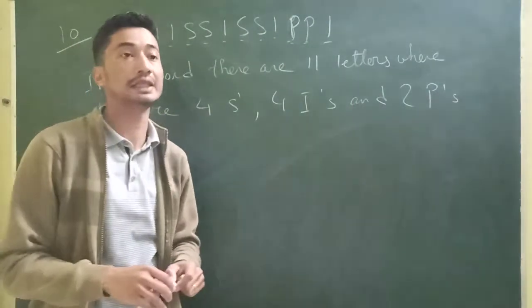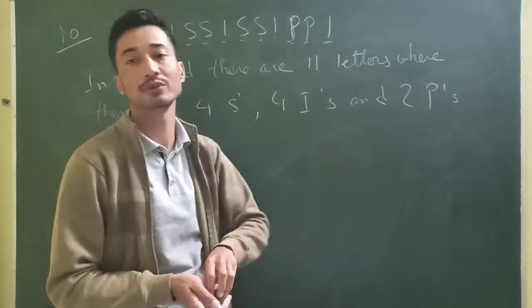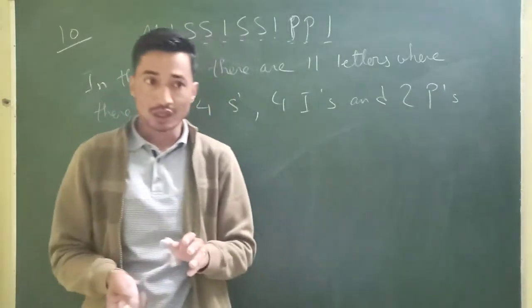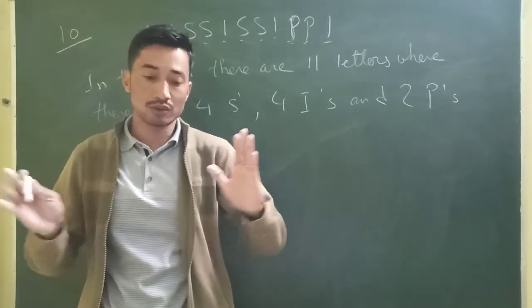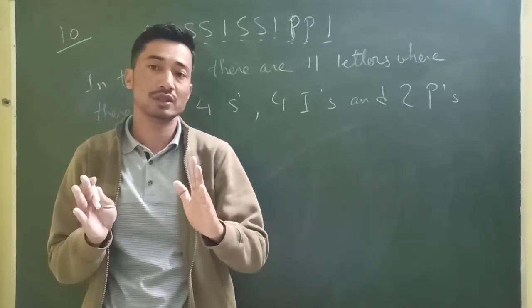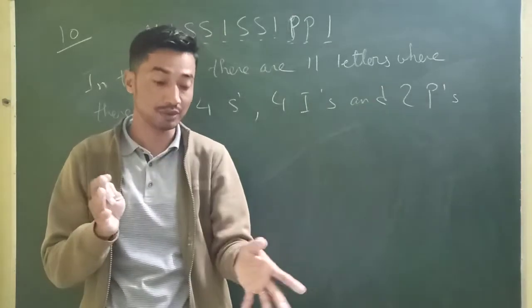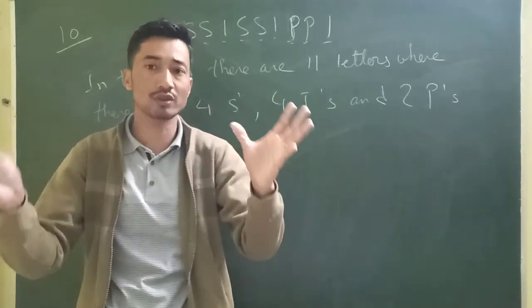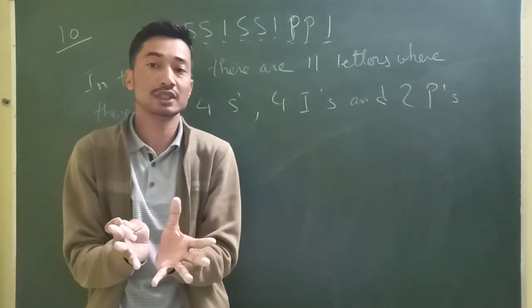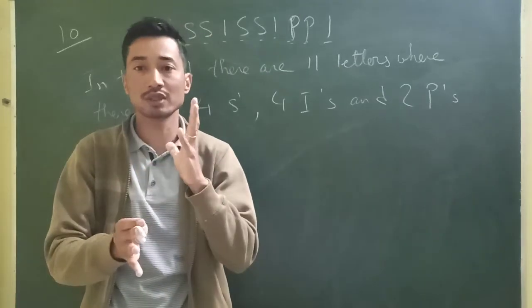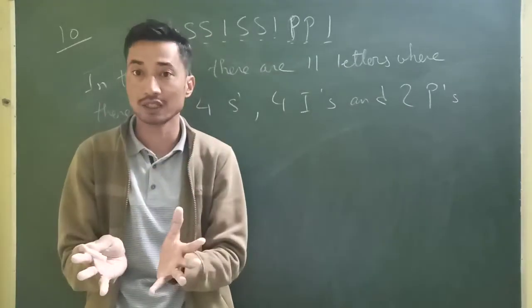What we can do is, listen carefully, we'll first find out the total number of permutations in which the word Mississippi can be arranged, just like the previous question. Total number of ways in which the word Mississippi can be rearranged among themselves with or without meaning. Total ways.